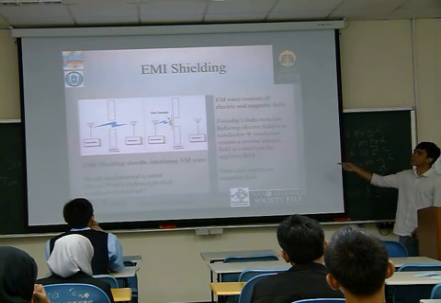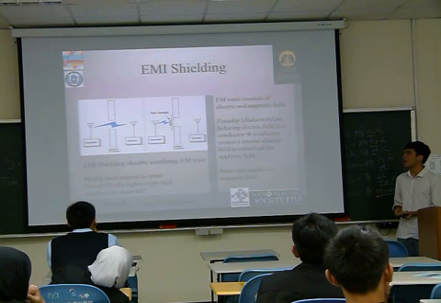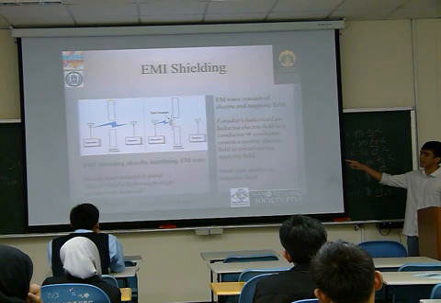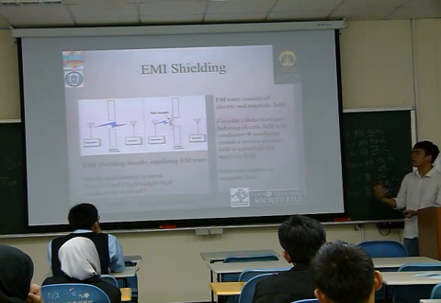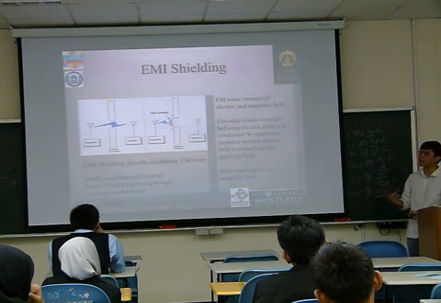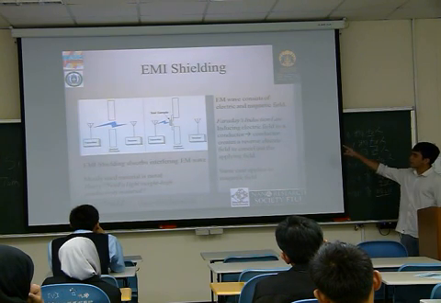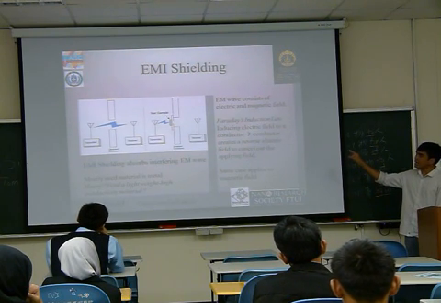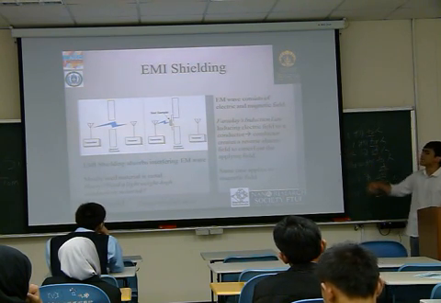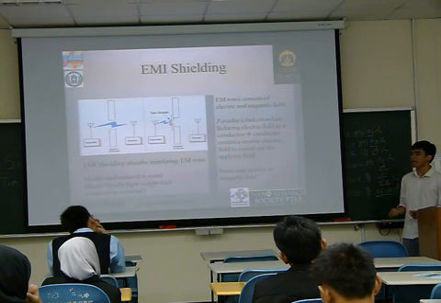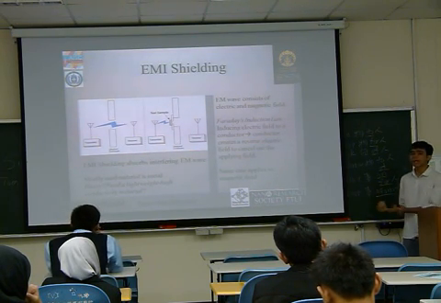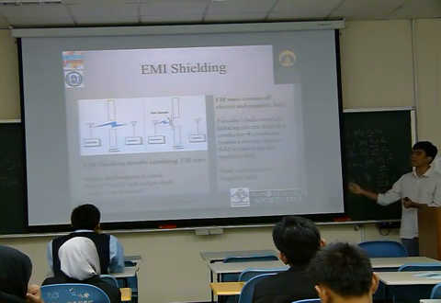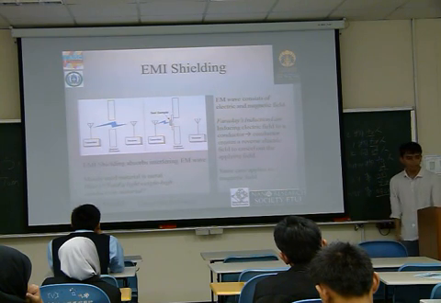And because electromagnetic wave consists of electric field and magnetic field, the electromagnetic interference shielding should absorb all the electric field and the magnetic field. It's like it nullifies all the electric field and magnetic field. So the material for EMI, or electromagnetic interference shielding, should have a high electric conductivity and ferromagnetism. So when it is exposed to electromagnetic waves, it nullifies all the electric field and magnetic field.